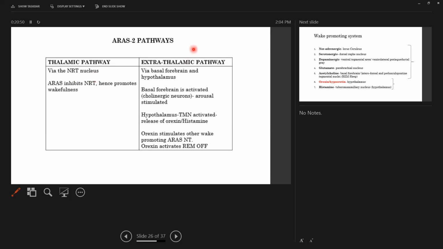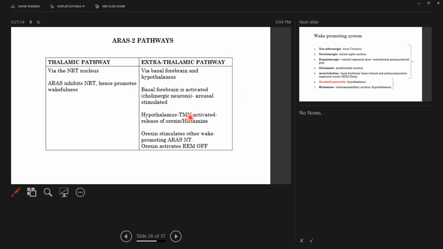The extrathalamic pathway is via the forebrain and the hypothalamus. The ascending reticular activating system activates the basal forebrain, and in the basal forebrain we have the cholinergic neurons, and hence arousal is stimulated.